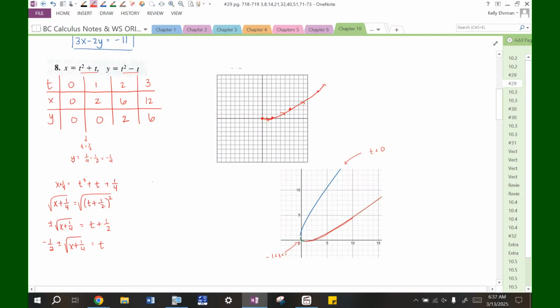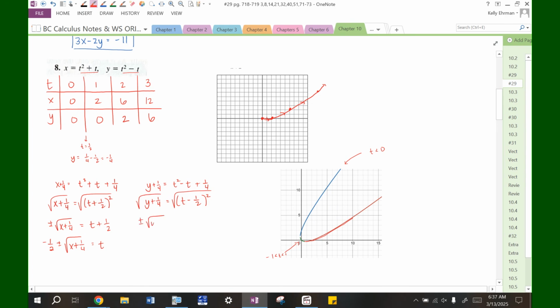We need to do the same thing for y as well. So leave a little space to complete the square. T squared minus t. You're still going to add 1/4 to both sides. And that's going to make this so we can factor this into t minus 1/2 squared. And then we can square root.